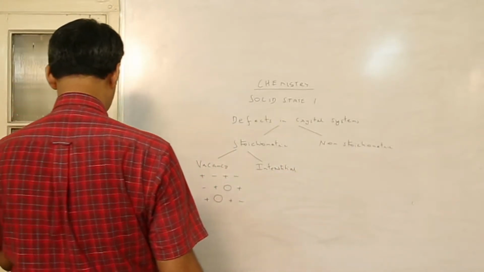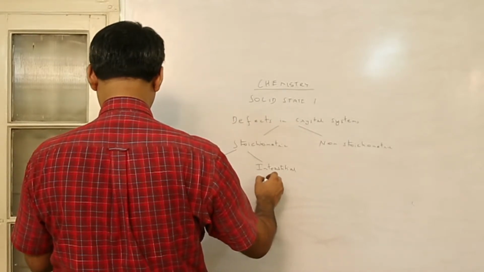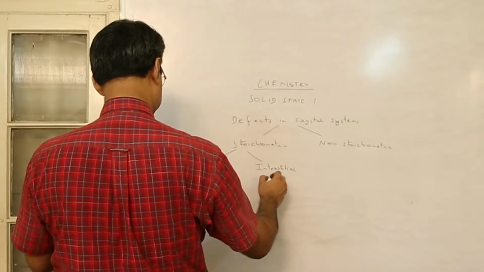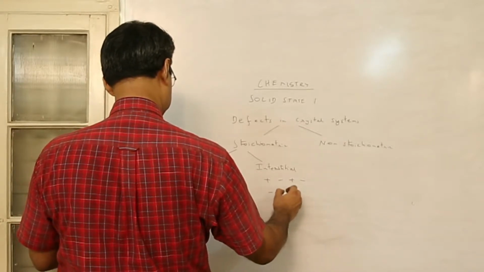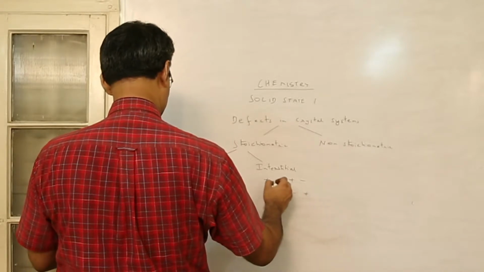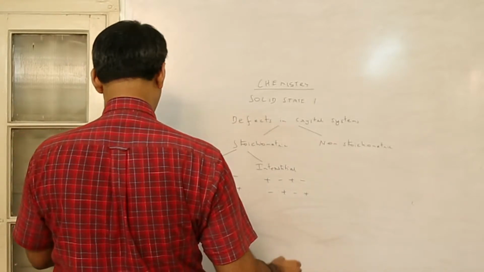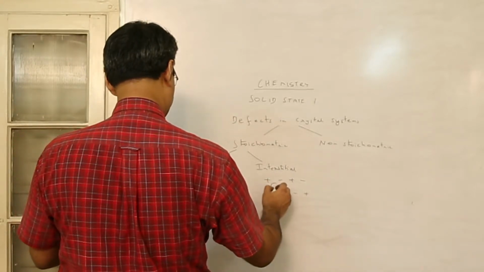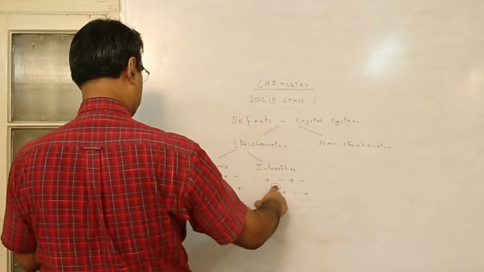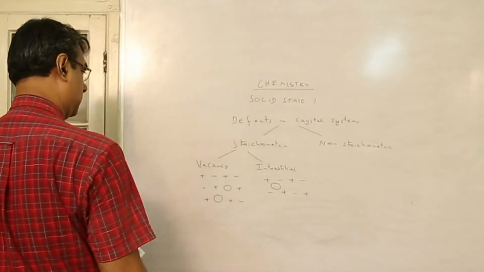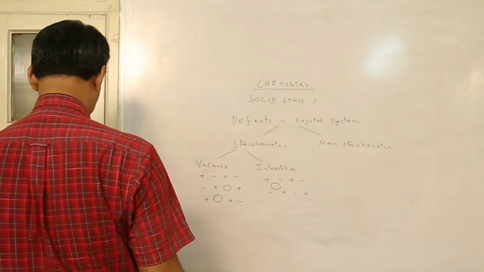Second is interstitial defect. Suppose some constituent particles occupy the interstices. Suppose there is any constituent particle in the interstitial or the void spaces, that is called interstitial defect.